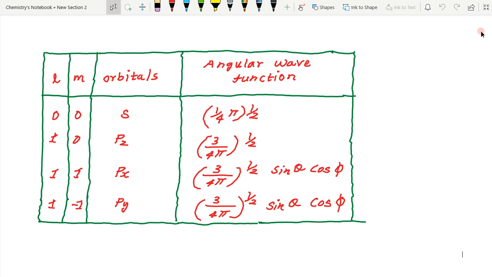Angular wave function is 3 upon 4 pi to the power 1 upon 2 sin theta and cos phi.